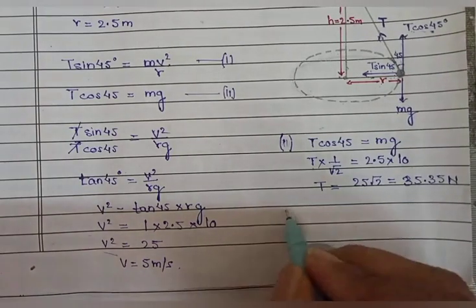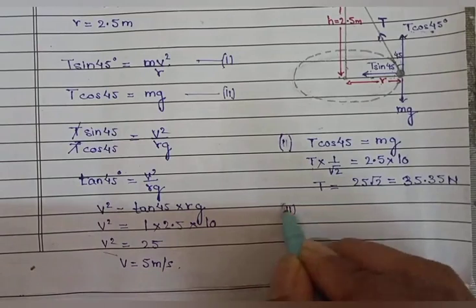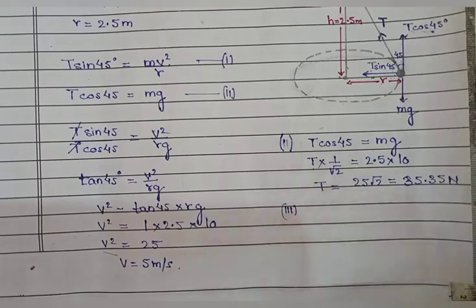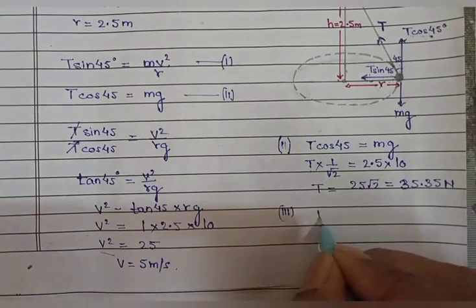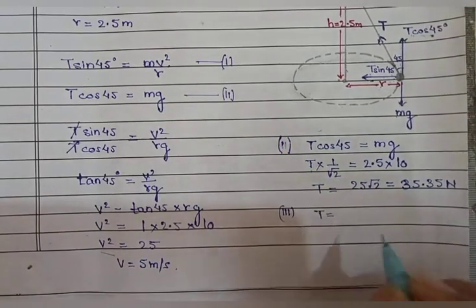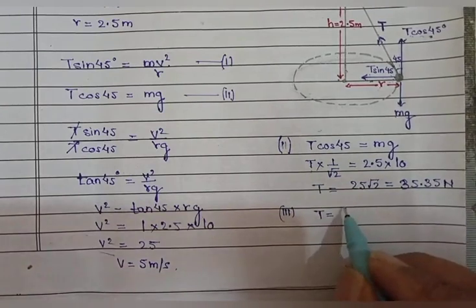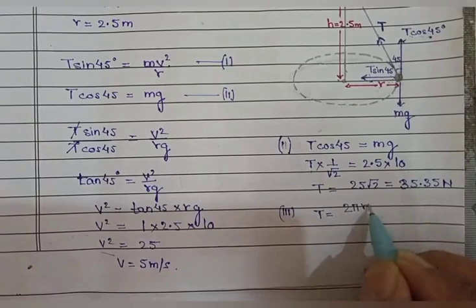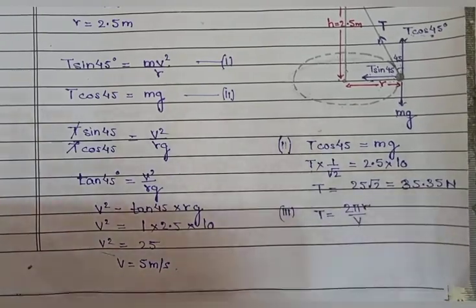Okay, now moving on to the third part. In the third part, they have asked you to calculate the time period. To calculate the time period, time period will be equal to the distance moved in one round, that is 2 pi r, upon the velocity.